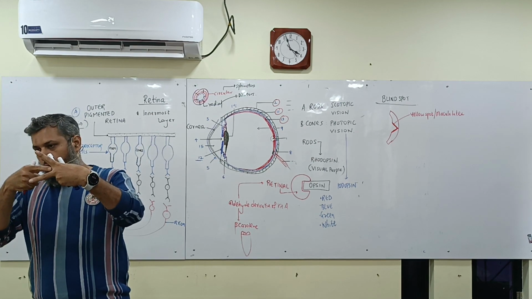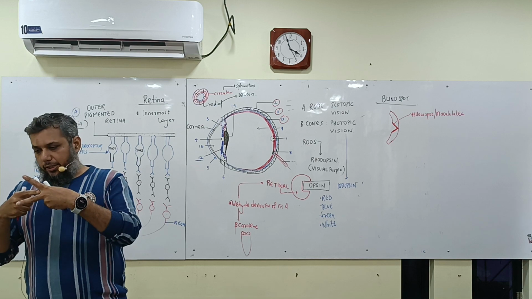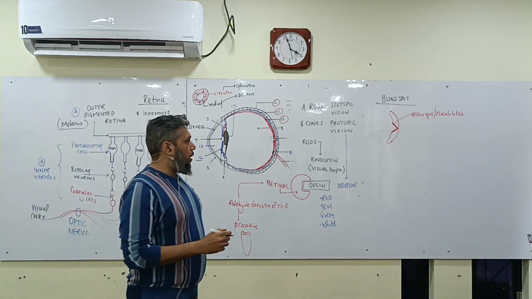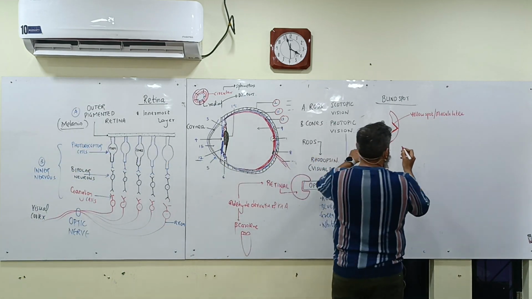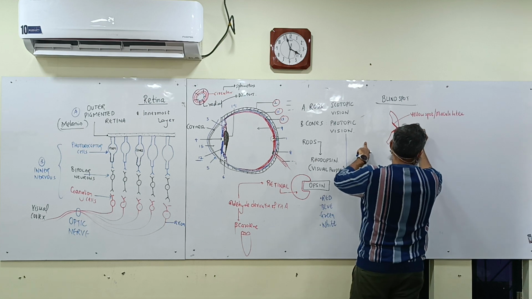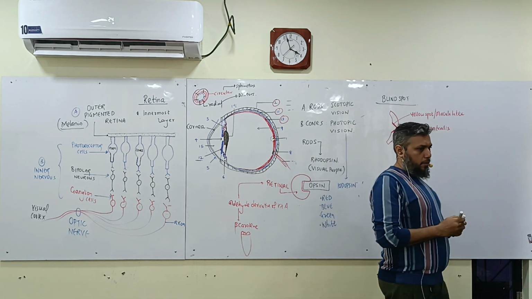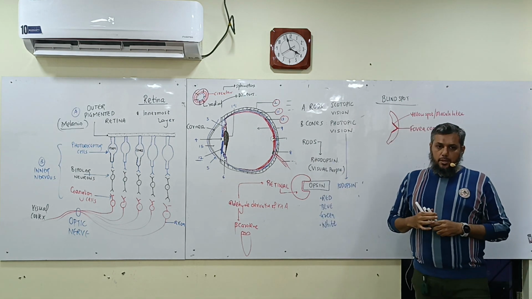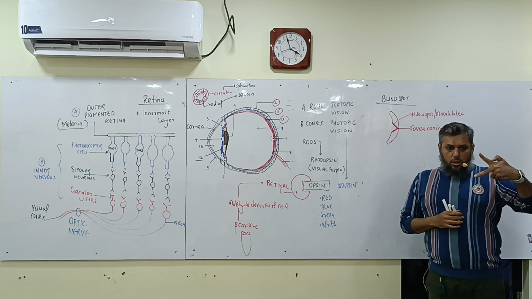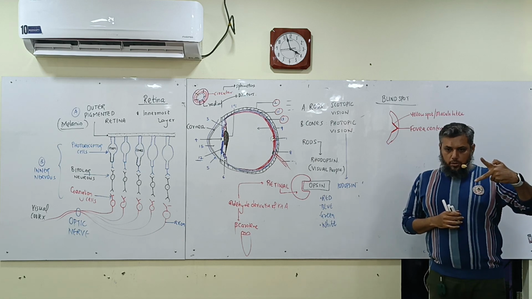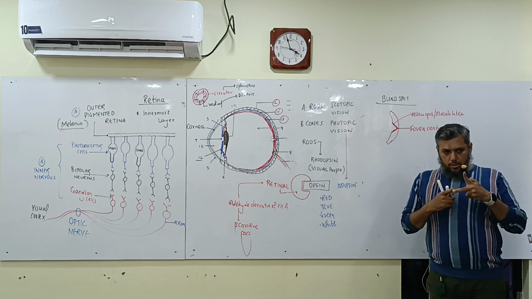The whole area is the yellow spot or the macula lutea. And the center of the yellow spot is called the fovea centralis. So what is this whole area called? Yellow spot. And which is the fovea centralis?